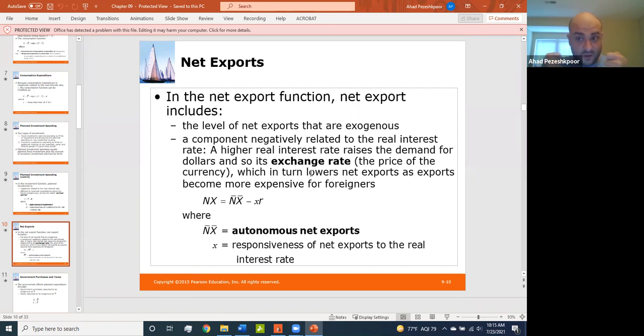How? When your domestic currency is more expensive compared to the currency of the other country, whatever you're producing now will end up being more expensive. So you will lose competitiveness. How?